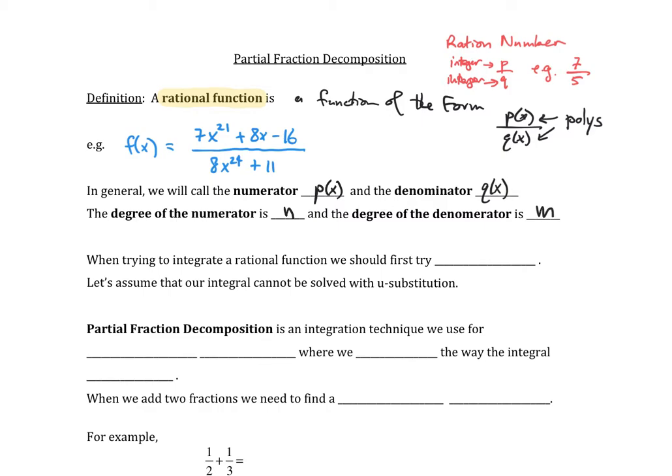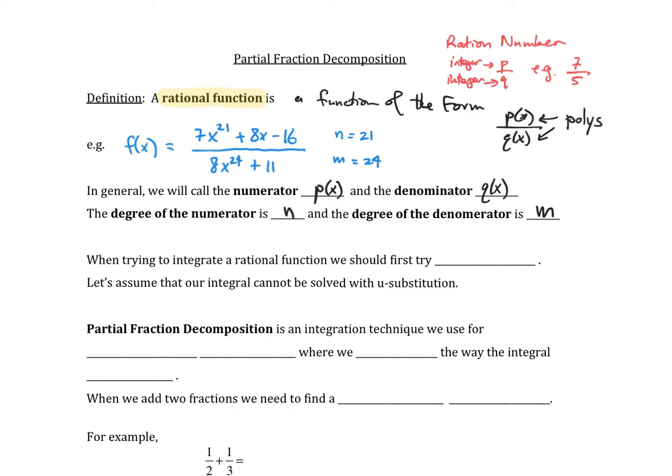So going back to our example, p of x is equal to 7 times x to the 21st power plus 8x minus 16, and n in this case is going to equal 21. For the denominator, q of x is equal to 8x to the 24th power plus 11, and our m is going to be equal to 24 in that ludicrous example.